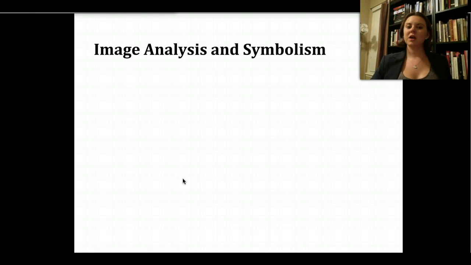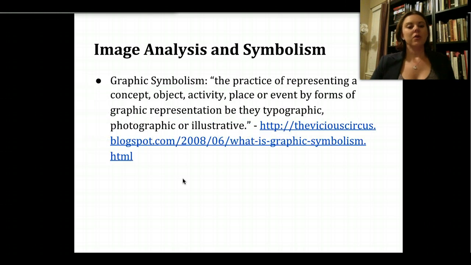The images themselves cannot stand alone. The text itself cannot stand alone to create a comprehensive meaning. So, graphic symbolism is the practice of representing a concept, object, activity, place, or event by forms of graphic representation, be they typographic, photographic, or illustrative.